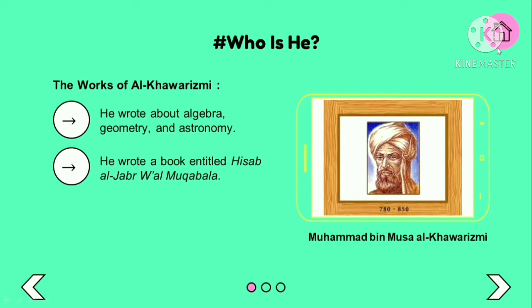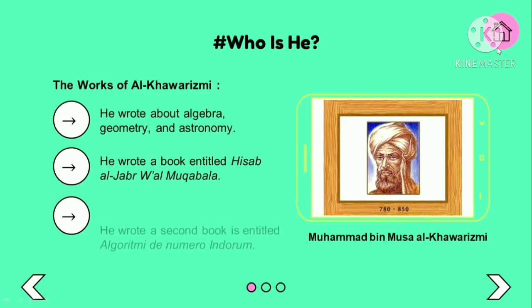The title first introduced the term algebra and contains ways of solving positive roots of polynomials up to degree 2. This book is called The Foundation of Modern Algebra. Al-Khwarizmi developed how to solve a quadratic equation that we are now familiar with, completing the perfect square.